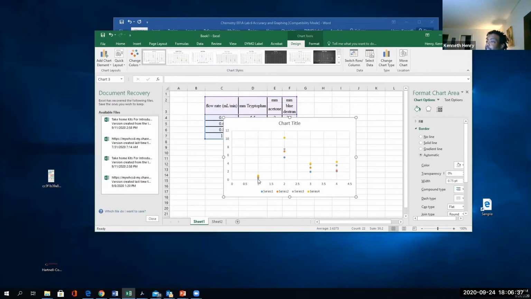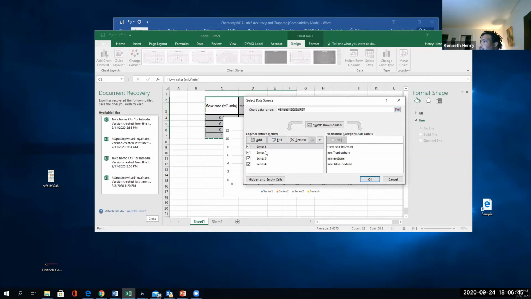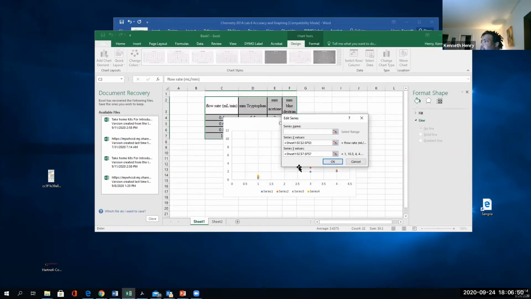To be sure your data is presented right, we're going to select data and edit our series.